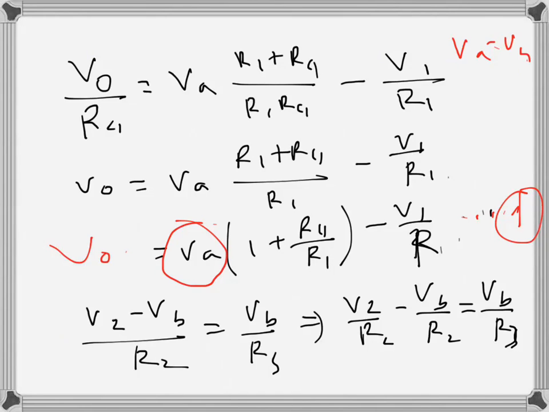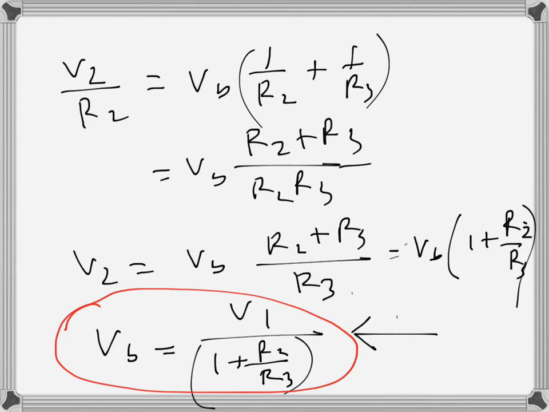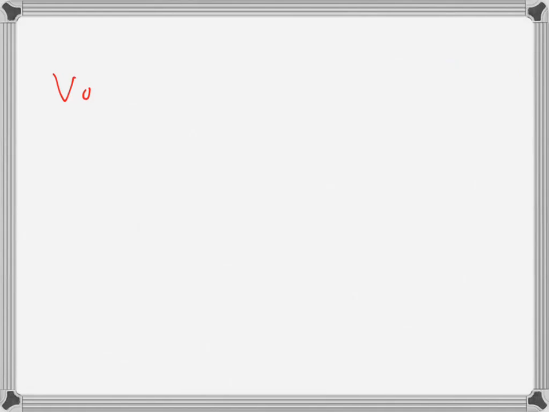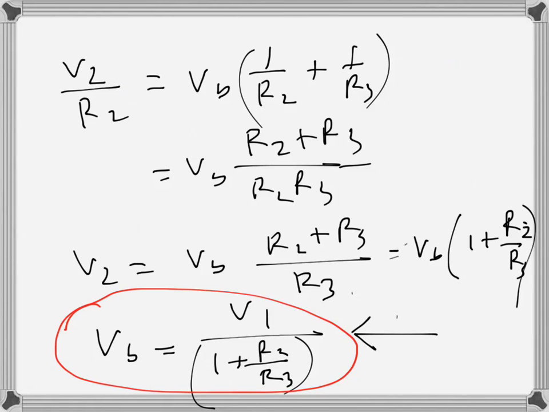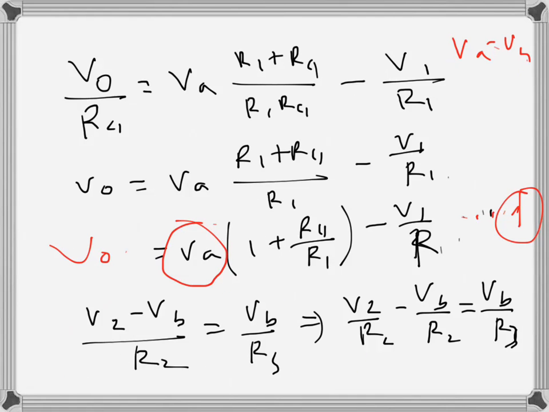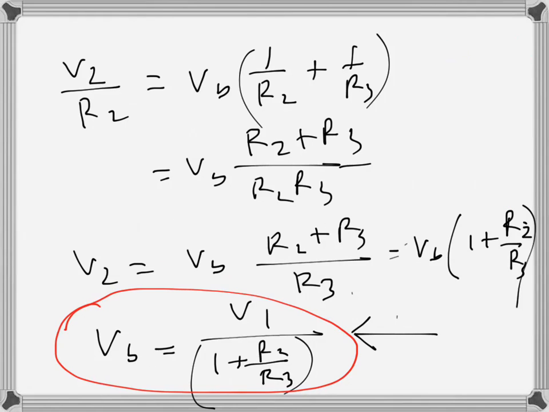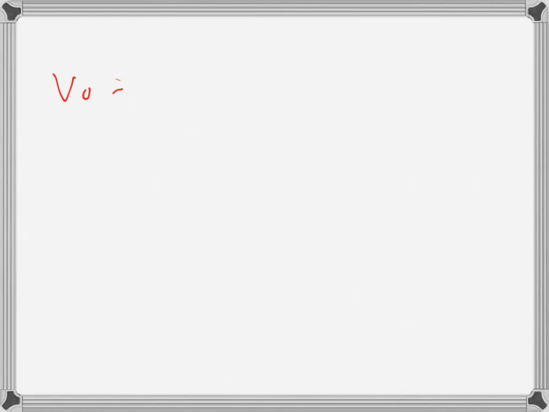So instead of VA here, let me rewrite this equation. V naught is equal to VA times (1 plus R4 over R1) minus V1 over R1.